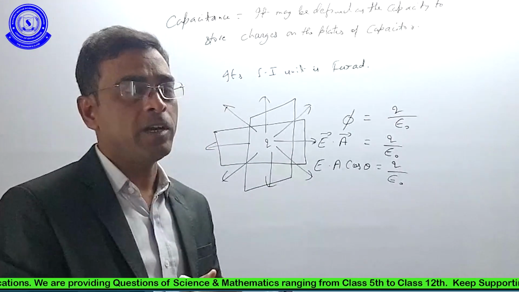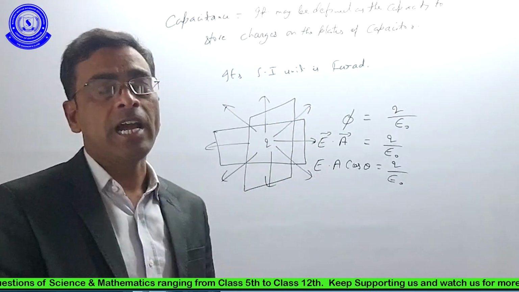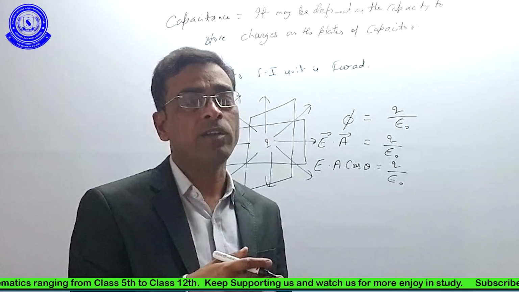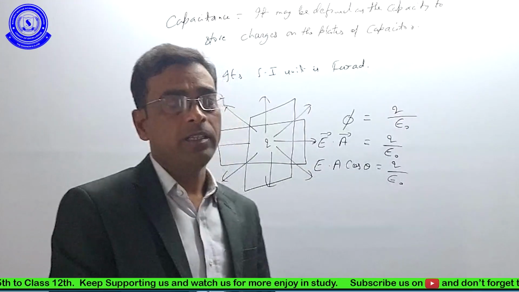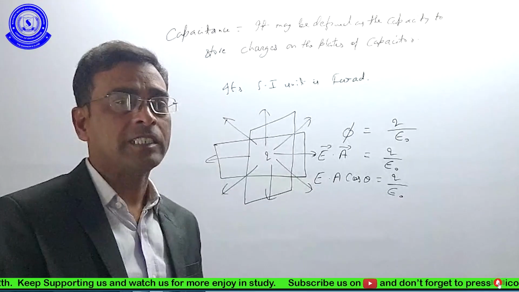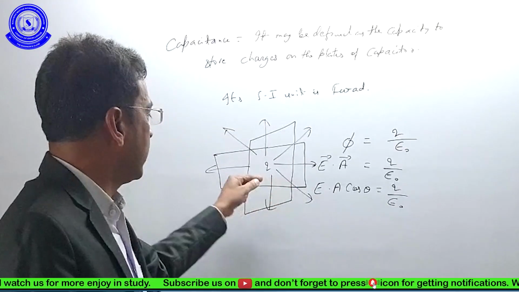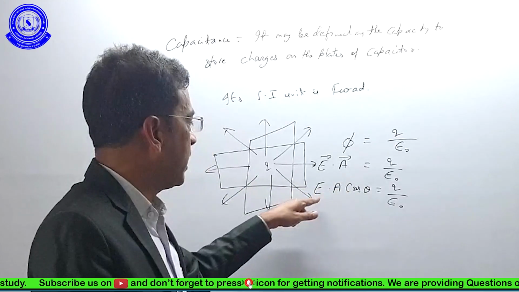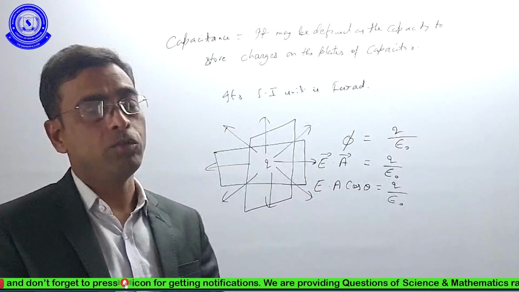So it is countable. But for the y axis, the electric field lines and area vector direction are perpendicular to each other. Then the angle gives cos 90 degrees, which is 0. E multiplied by A cos 90 will be 0.